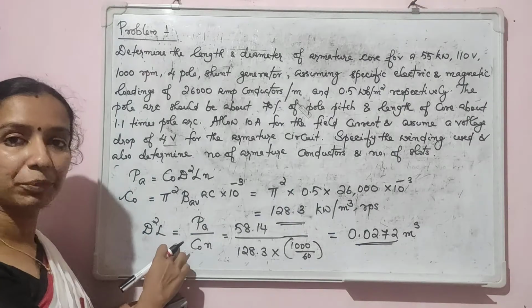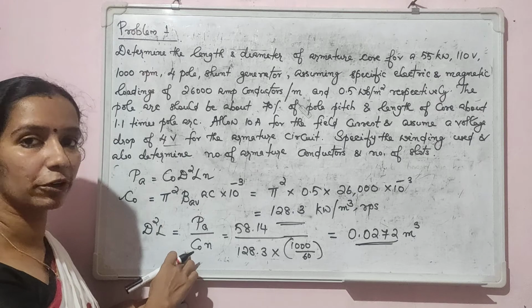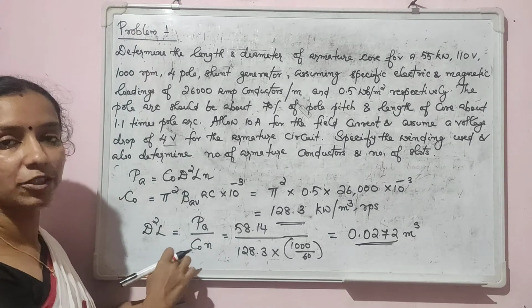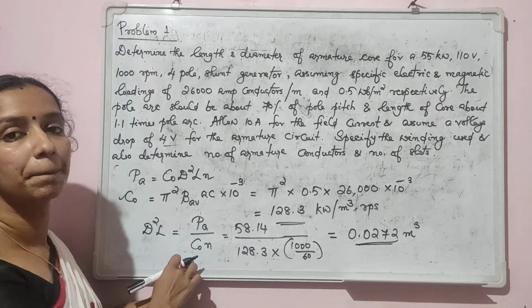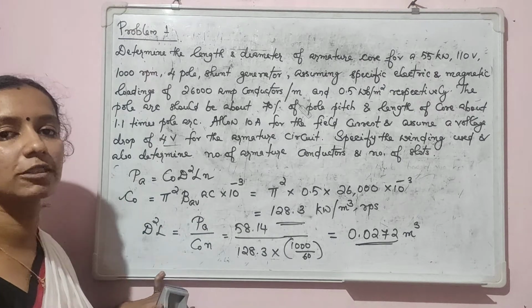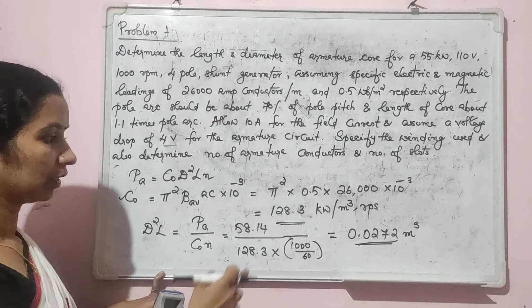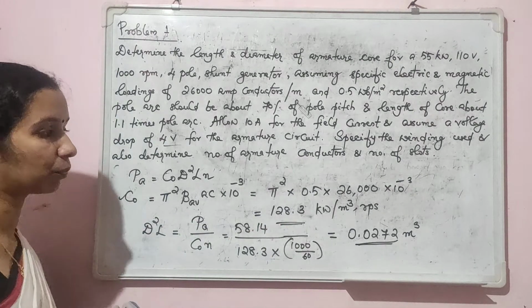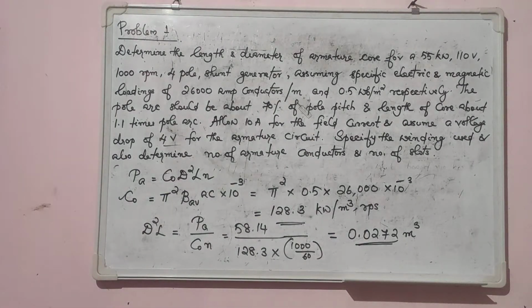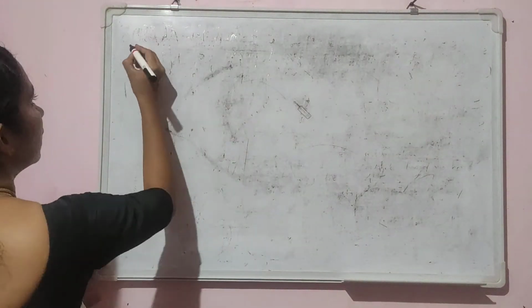Now we have to separate D and L from D square L, and this has to be done based on the dimensions of the pole proportions.